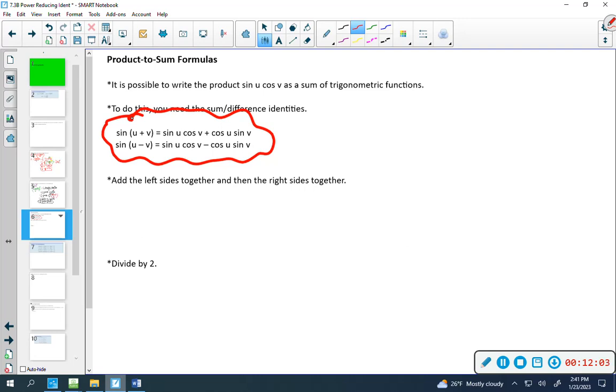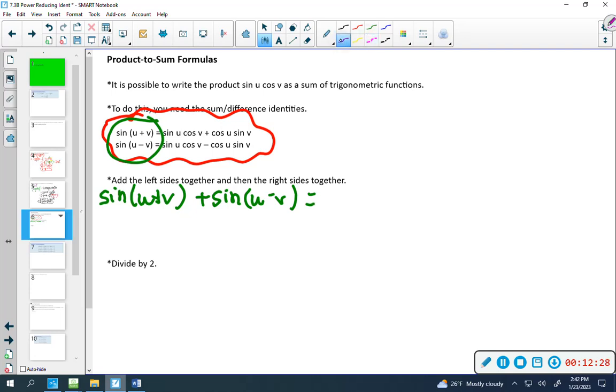So it says add the left sides together. Okay, seems weird, but I'm going to do it. Clearly those are my left sides. I mean, they're not like terms, so I'm really just writing it down. Sine of u plus v plus sine of u minus v. And then, of course, it also says to add the right sides together.